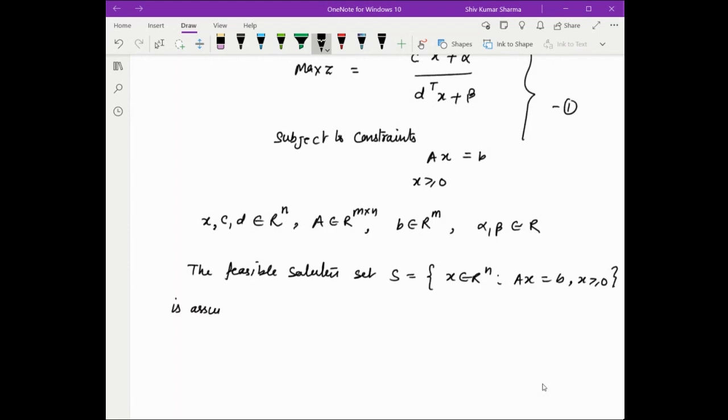It is assumed to be non-empty and bounded. That means the set has some elements, since constraints are given. So set S has some elements, and the set S is also bounded.